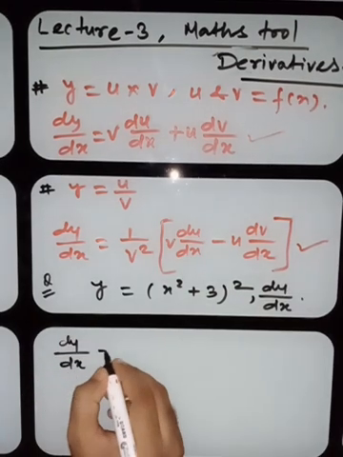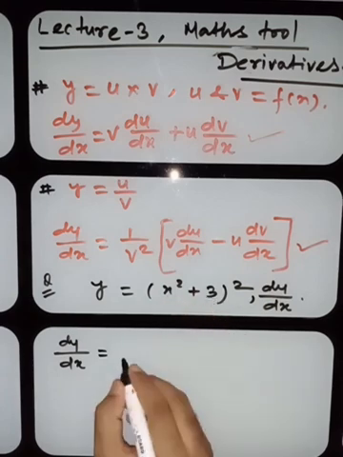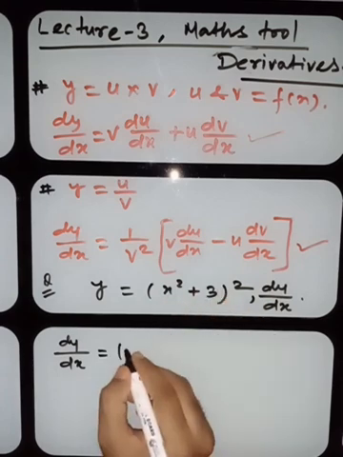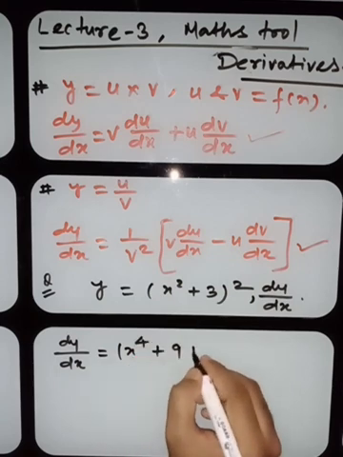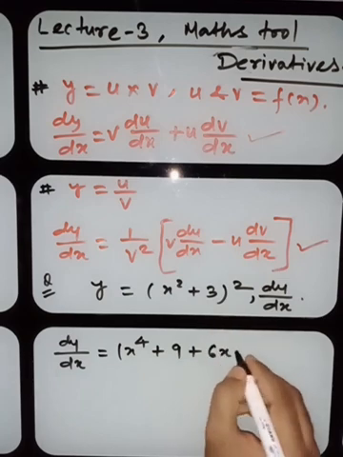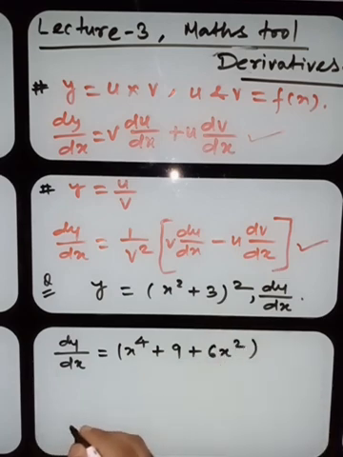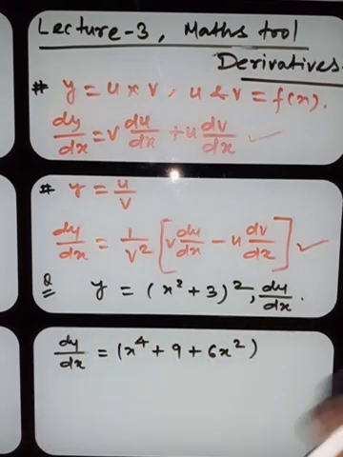First, you have to expand this function: a square, that is x to the power 4, plus b square, that is 9, plus 2ab, that is twice 3 x square, 6 x square. Now you have to find dy by dx. Actually this is y.